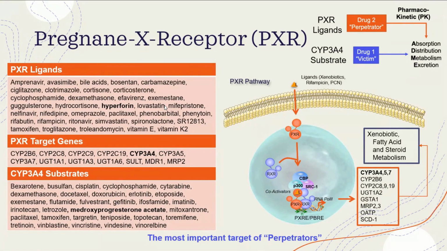So what was noticed, and this was some studies that went on in the 90s in Europe, where they were noticing that several women were having pregnancy or a decrease in effectiveness of their birth control pills. And they traced it back to these individuals were taking the dietary supplement St. John's wort. Well, St. John's wort has hyperforin, which is a PXR ligand. Binds to PXR, regulates this whole battery of genes, including CYP3A4.